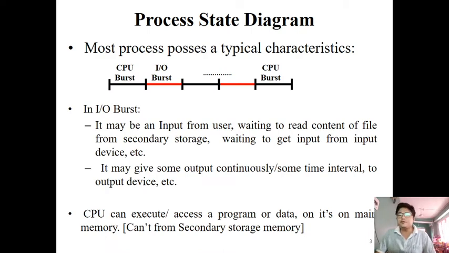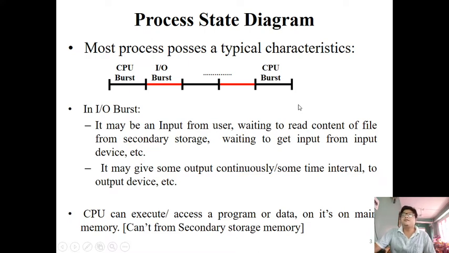If you look at any process that is under execution, it has some typical characteristics. For example, suppose there is a process P and it has to be executed.